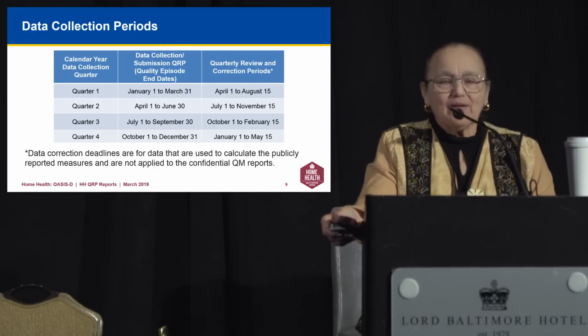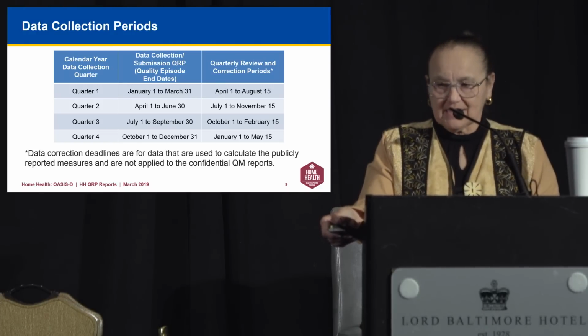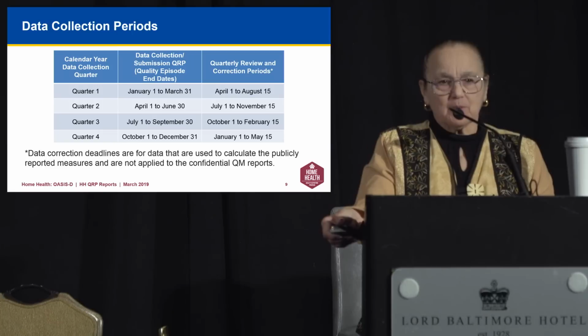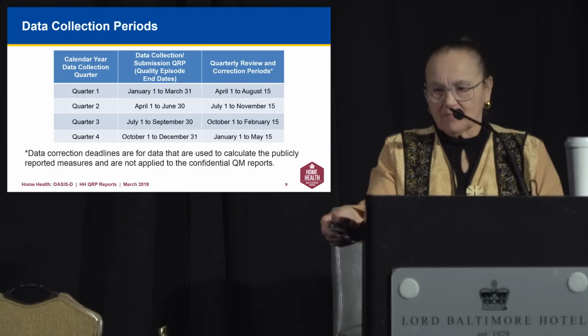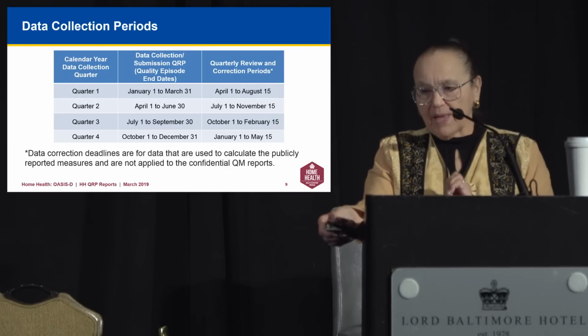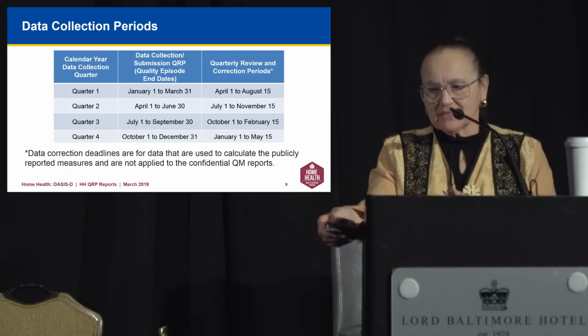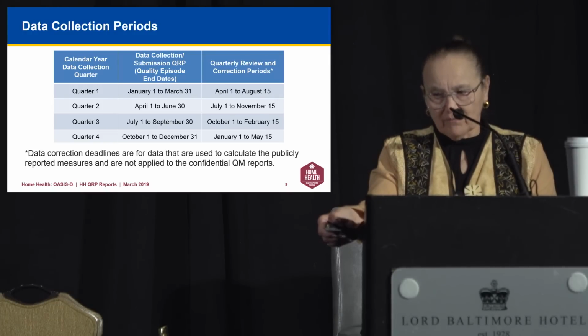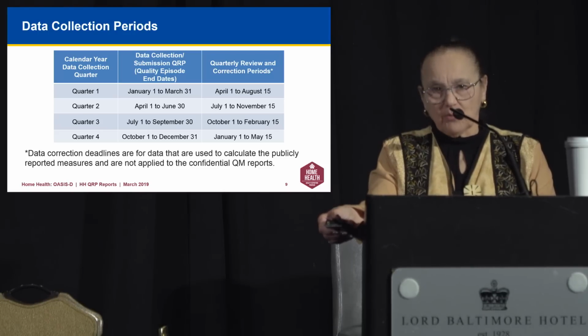Okay. When we looked at these in the past, we talked about the provider review reports. And you know that based on the calendar year data collection quarter, that there are deadlines for when you are going to be able to submit corrections in order to impact the final product.